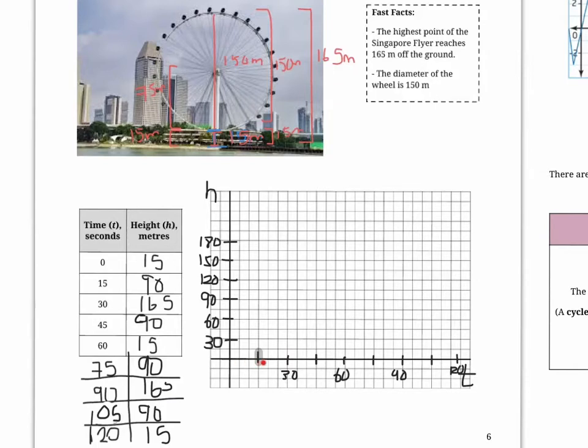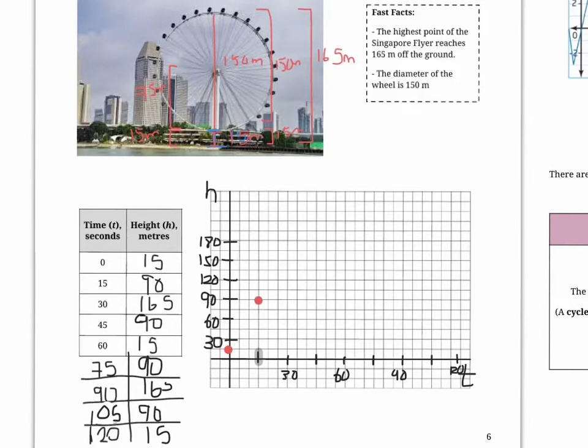So we said 1 square was 15 in this scale. Let's start plotting. So our first point is at 0 seconds, the person riding should be at 15. So there's our first point, 0, 15. And the next one is at 15 seconds, which is here, our rider should be at 90.